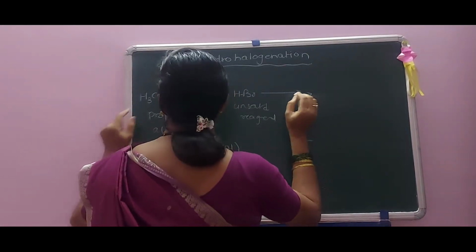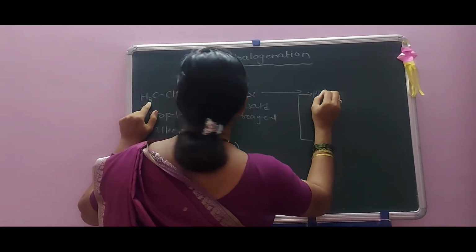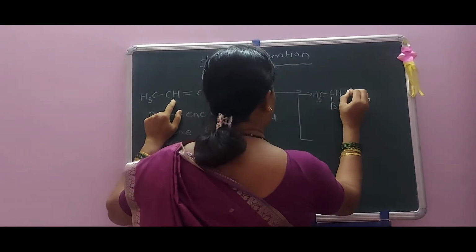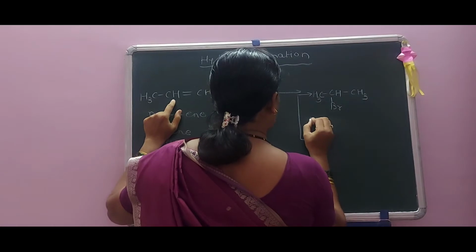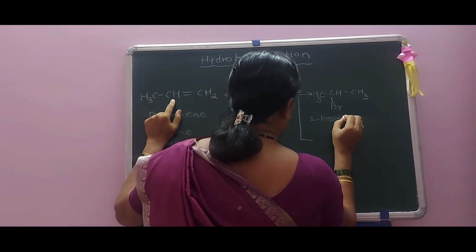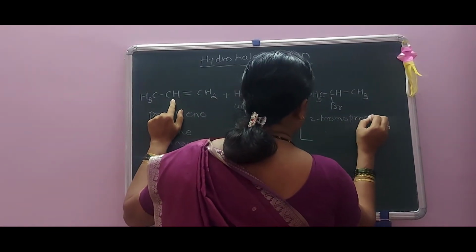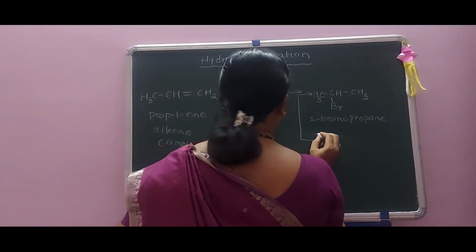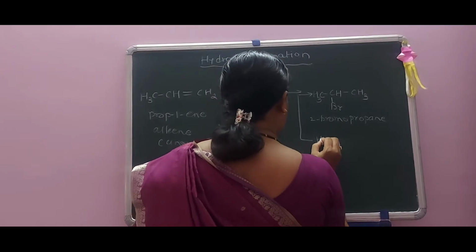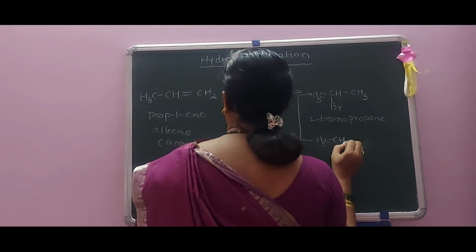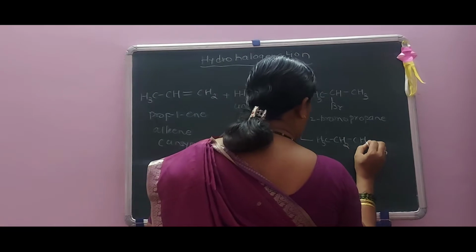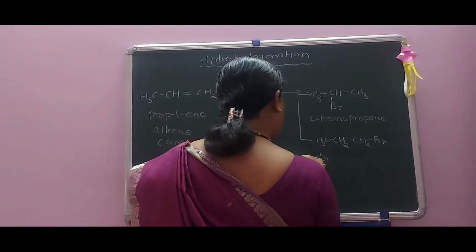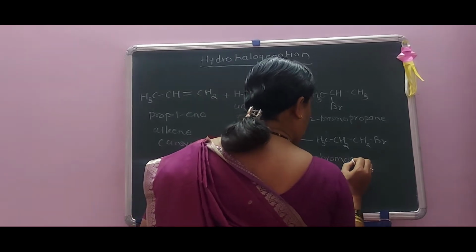Here the products are, first, CH3 CHBr CH3, 2-bromopropane. And the next product is CH3 CH2 CH2 Br, 1-bromopropane.